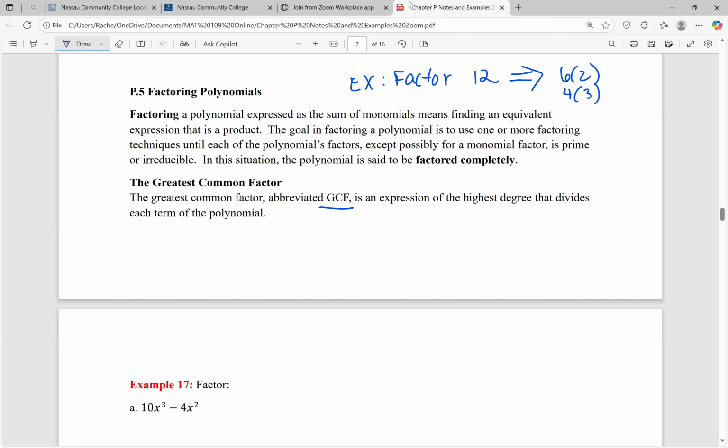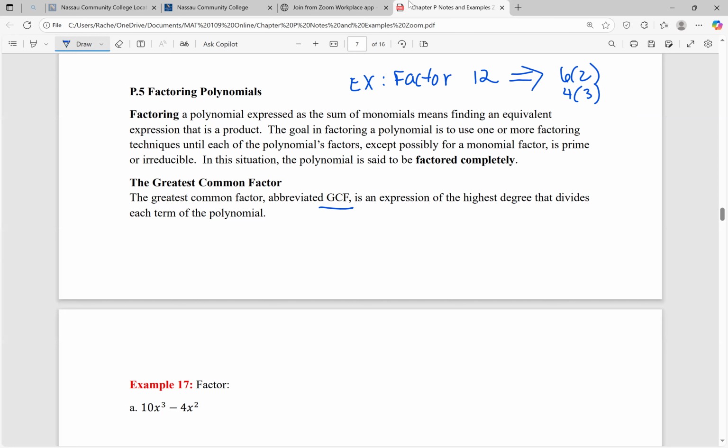Then we have an x to the third and an x squared, so we have like terms there. An x squared is going to be the greatest common factor because both x to the third and x squared are divisible by x squared. So my GCF in this case is going to be equal to 2x squared.